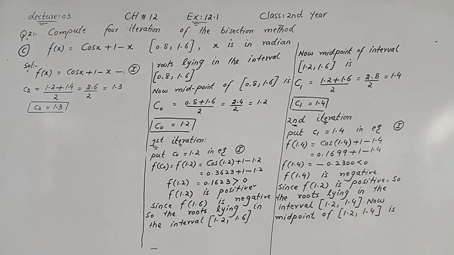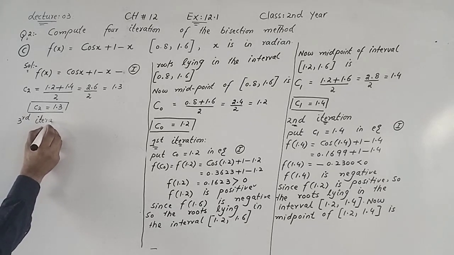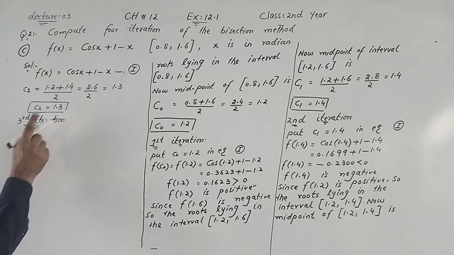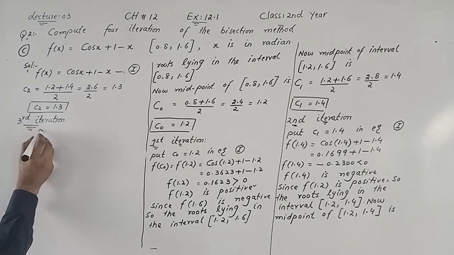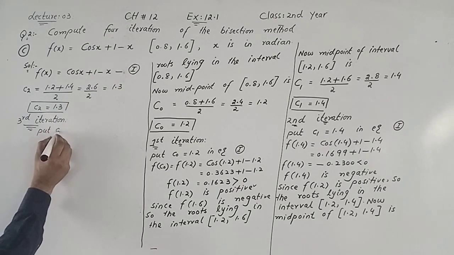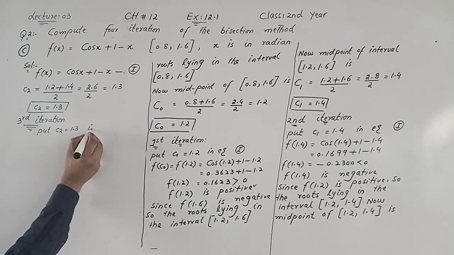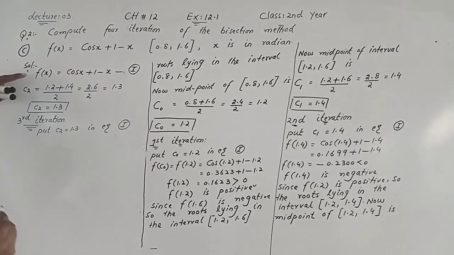Now third iteration for C2 is equal to 1.3 in equation 1. तो क्या आ जाएगा?